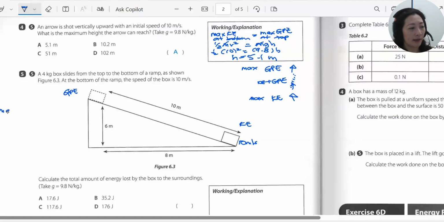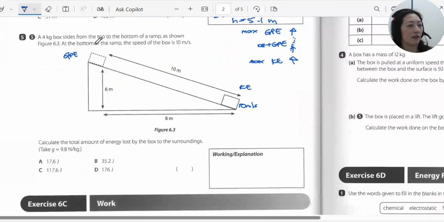So at the top here, the maximum gravitational potential energy would be converted into kinetic energy at the bottom and also heat loss. So again, we'll do a side-by-side substitution. This is maximum GPE at the top. Maybe I should type it out because the writing is very bad.